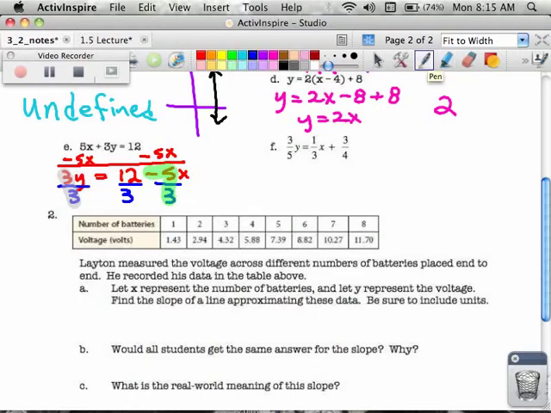What that means is that my answer is going to be negative 5/3. That's what's directly in front of the x. There's a negative sign, a 5, and a 3. Negative 5/3.